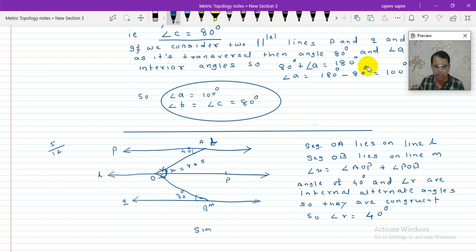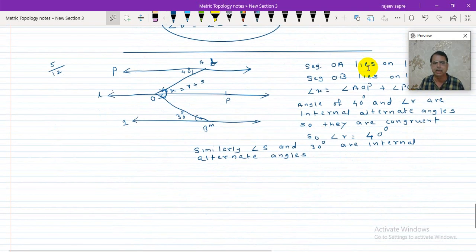Similarly, what we can say, angle S and angle 30 degrees are internal alternate angles. Alternate angles are congruent.